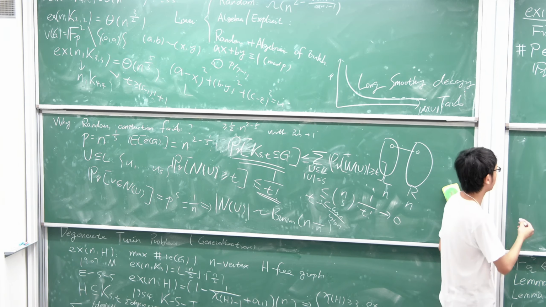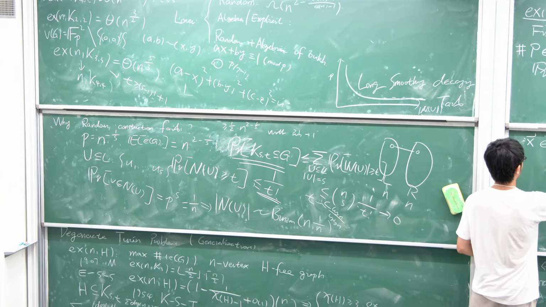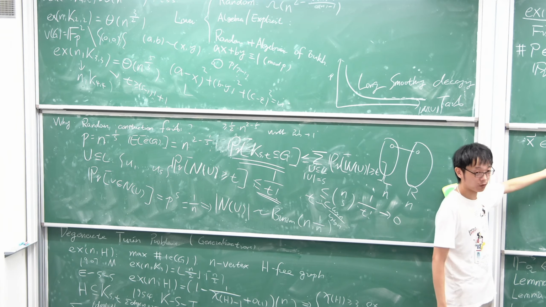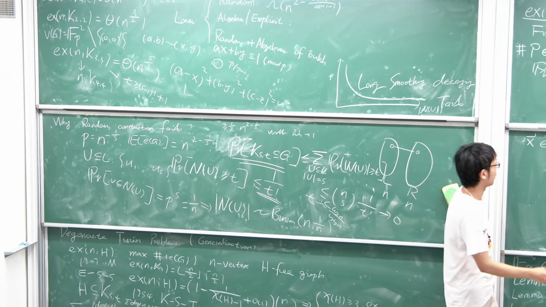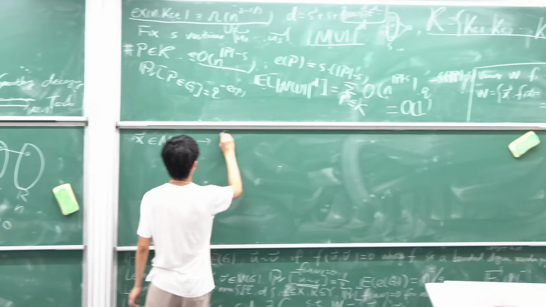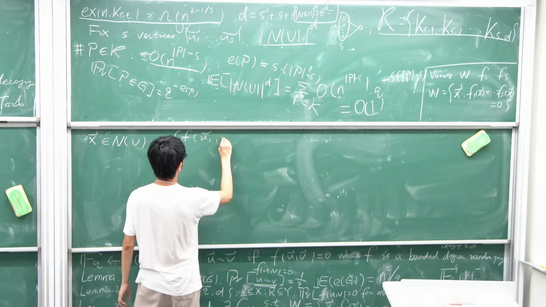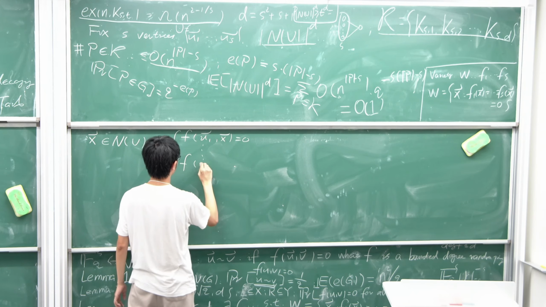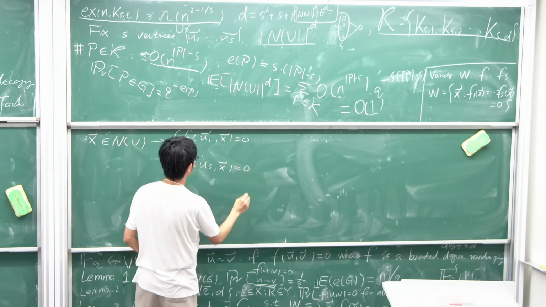That means for any x, if it is a common neighbor of the set U, then it satisfies f_U1(x) equals 0, up to f_US(x) equals 0, right?